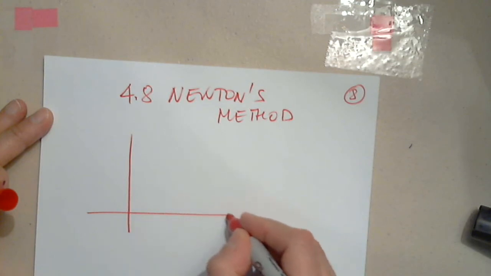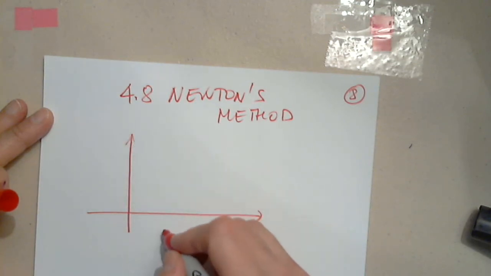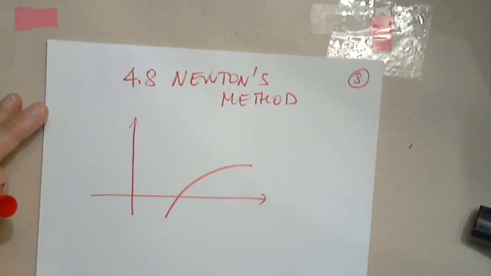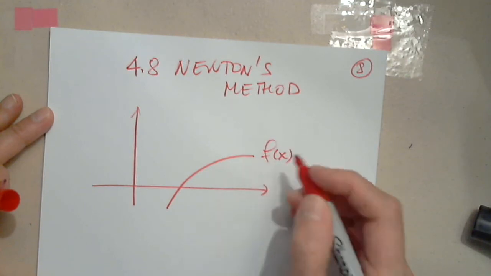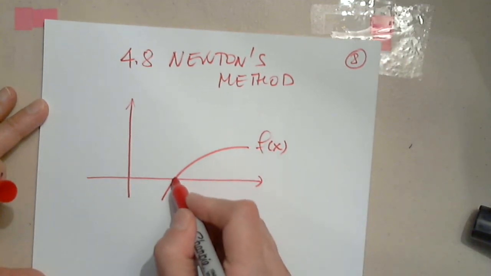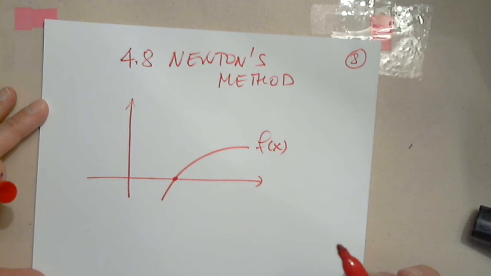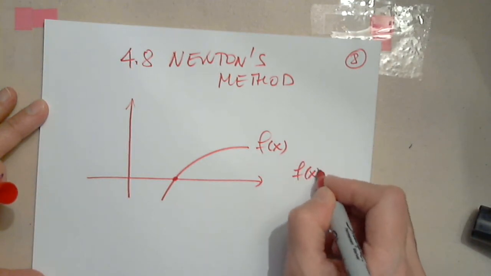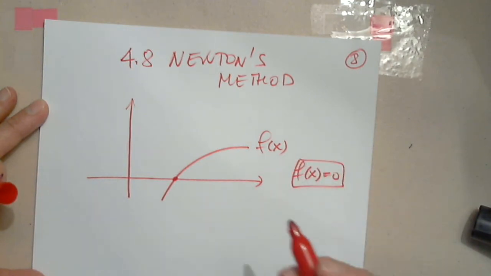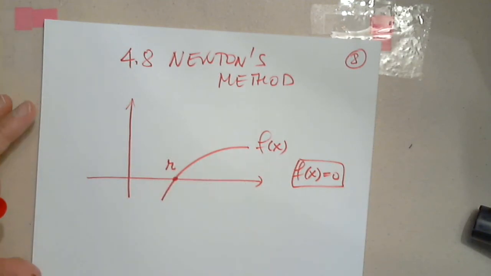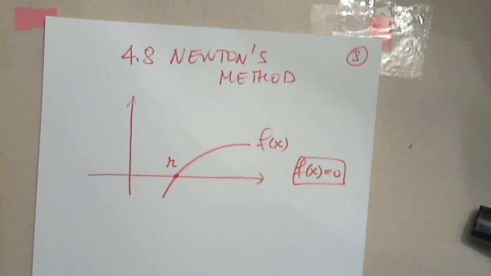Here's a function f of x, which obviously has a solution right here, a 0. So the equation f of x equals 0 has a root or a solution or an x-intercept for the function at r.